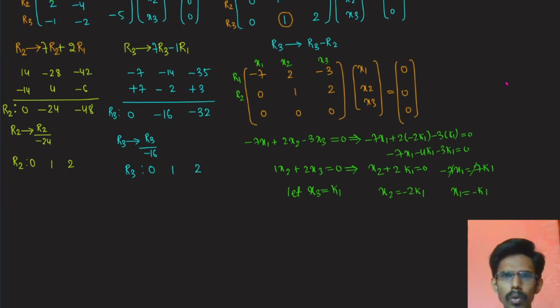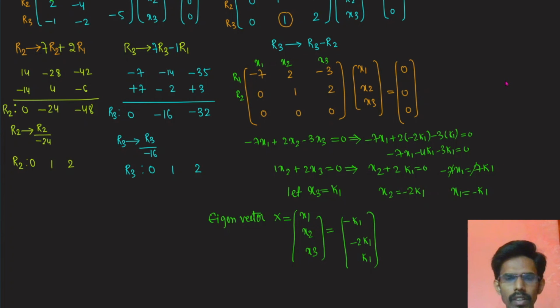Now let us put this in vector. Eigenvector capital X is x1, x2, x3. So this will become x1 is minus k1, x2 is minus 2k1, x3 is k1. Now if I take k1 outside, then we have minus 1, minus 2, plus 1.